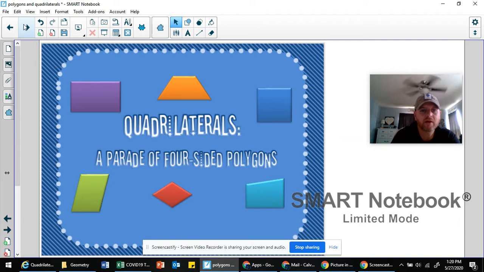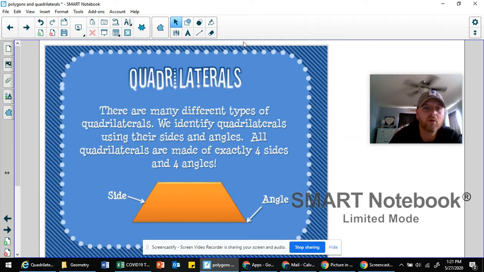One of those subcategories that polygons can be broken into is another group of shapes known as quadrilaterals. So quadrilaterals, this notice says it's a parade of four-sided polygons. Basically a quadrilateral is any shape that is made up of four sides. If you look at the word quadrilateral, it has the prefix quad, which means four. There are many different types of quadrilaterals. We identify quadrilaterals using their sides and angles.